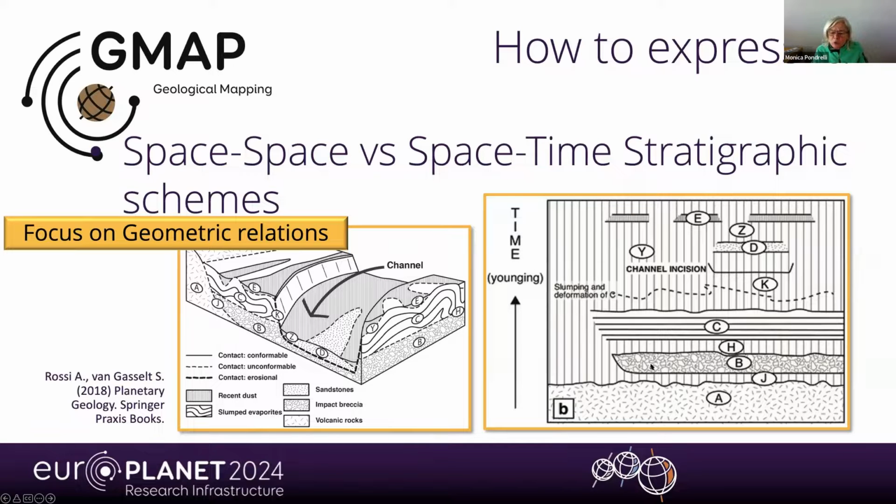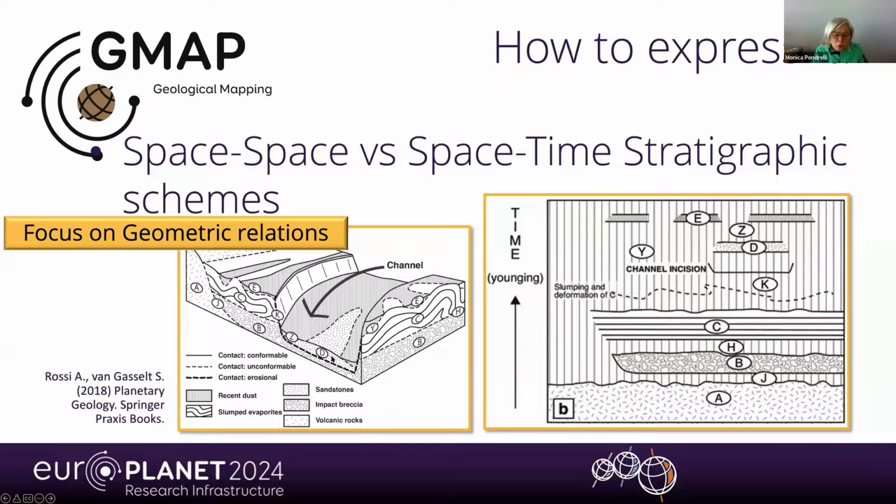So we want to draw here the units which are, for example, the channel here. No, the channel is just in this area. So we have the space because the channel developed only in one specific portion of our study area.